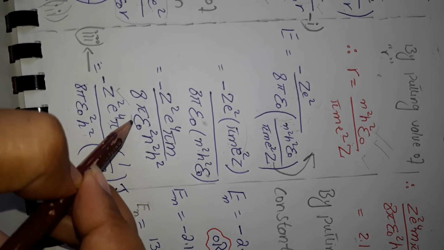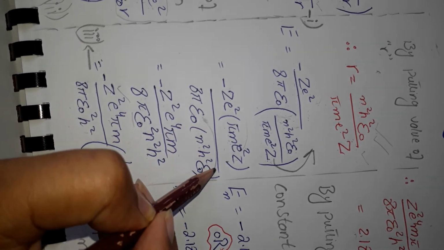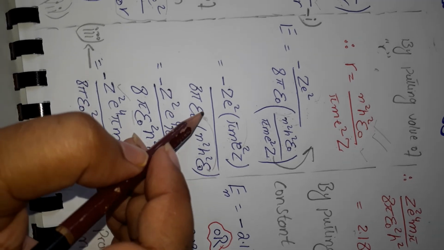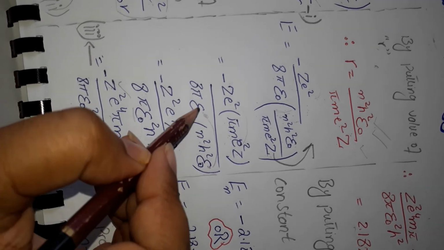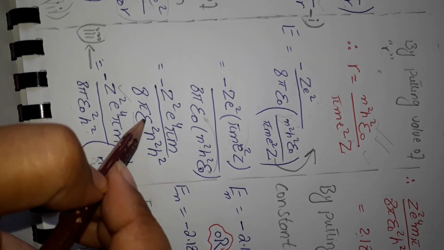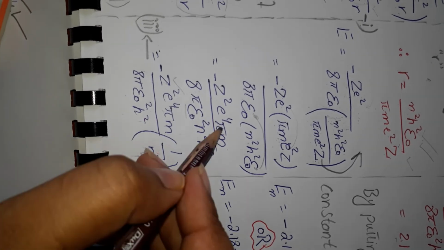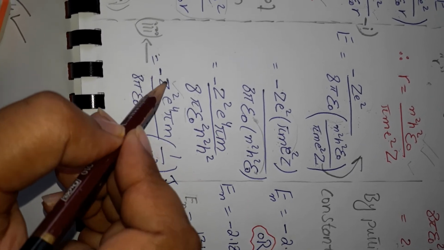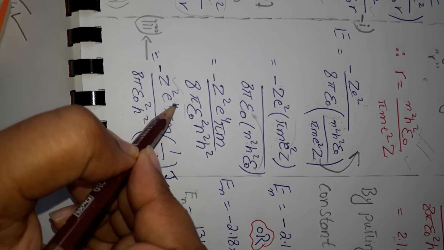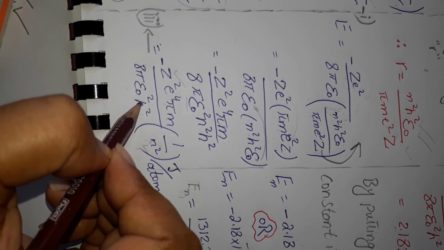But here you can check that it's epsilon naught square, because in the denominator there are two epsilon naught. So we have multiplied both of them, and they will come in the form of epsilon naught square. So I have written this equation here, minus Z square e to the power 4 pi m divided by 8 pi epsilon naught square h square.